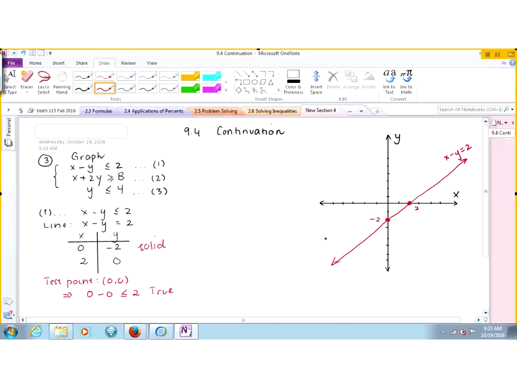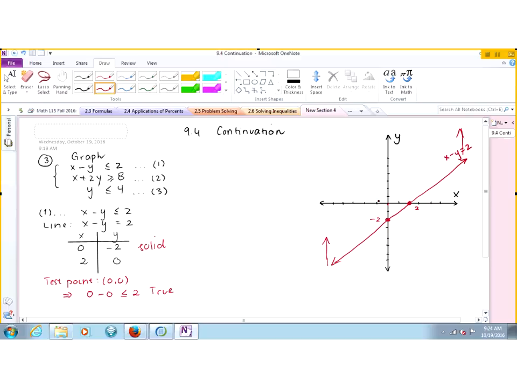So we shade the direction that includes (0, 0), the top part, not the bottom part. Why do we choose the top part? Because the top region contains (0, 0), and it's true.